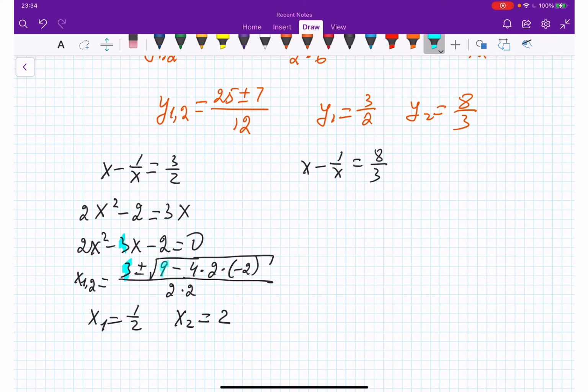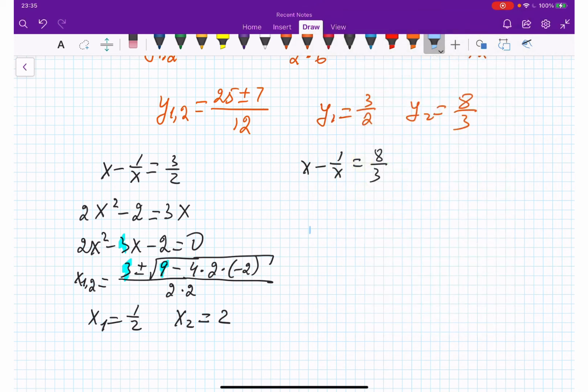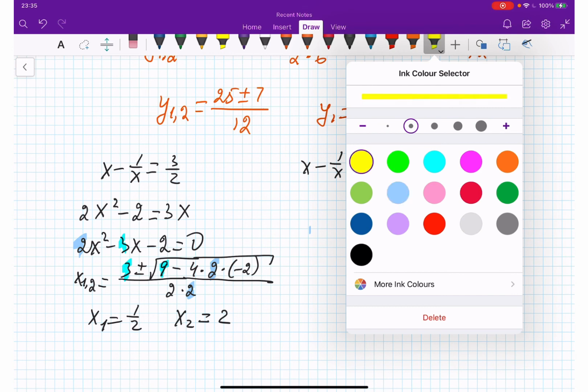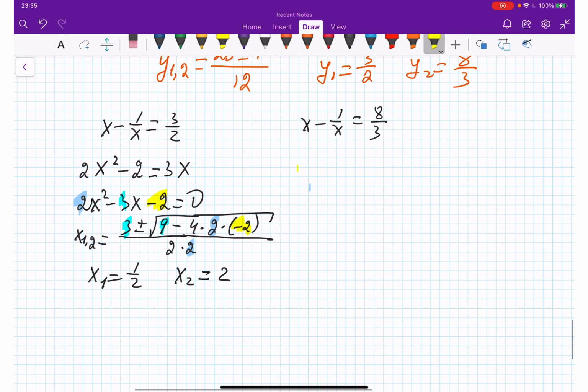And this 9 we get from this 3. Next, I can take this color. This is my A, this is my A, and here also my A. And I can take this color for C, it's negative 2, and here is negative 2. Now you know which one is where.